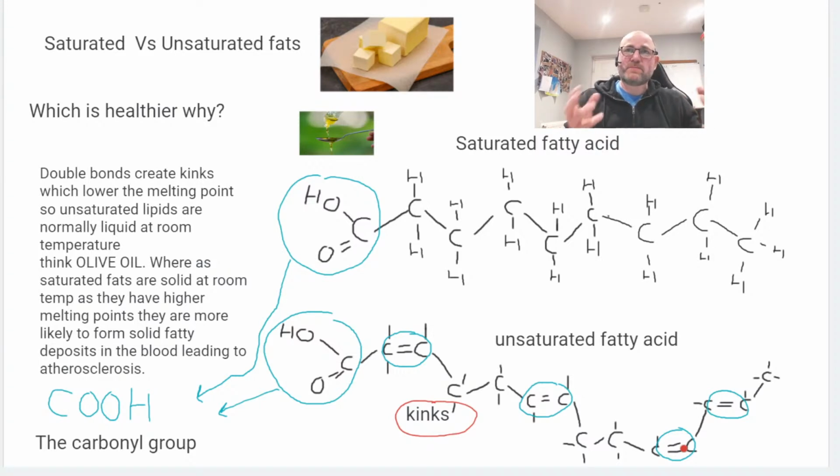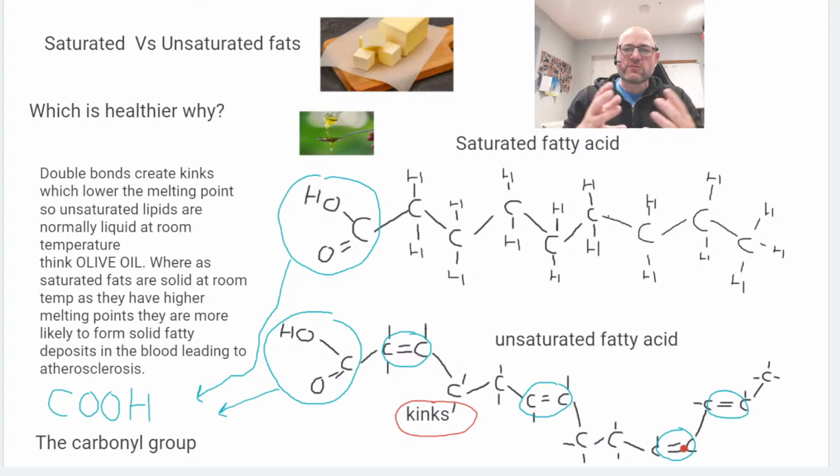Unsaturated fatty acids, it's better when you're eating your fats to have unsaturated fatty acids. So I was talking earlier about coconut oil, olive oil, things that are liquid at room temperature. It's because they have lots of these carbon-carbon double bonds. That lowers their melting point, makes them less likely to build up and cause fatty deposits in your coronary artery, which reduces blood flow to your heart.